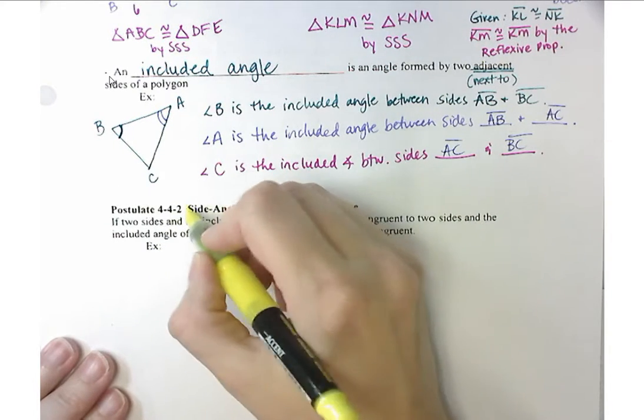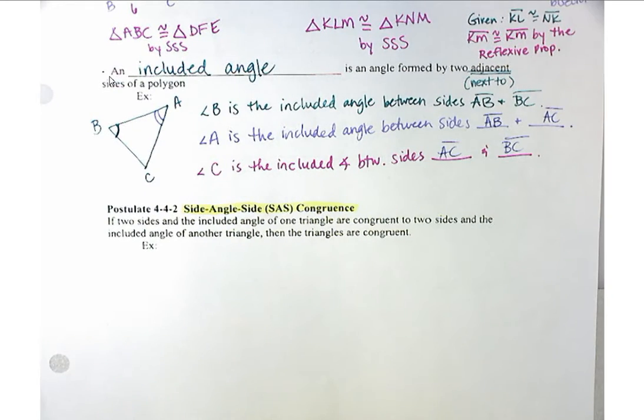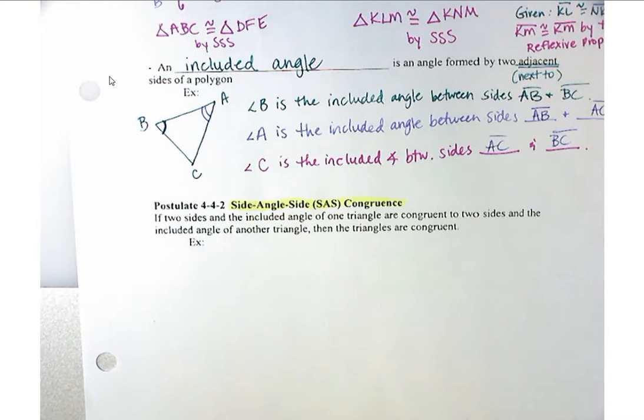Okay, so I want you to either highlight or underline the condition for side angle side congruence. Okay, so those are a few keywords that I want you to zone in on.